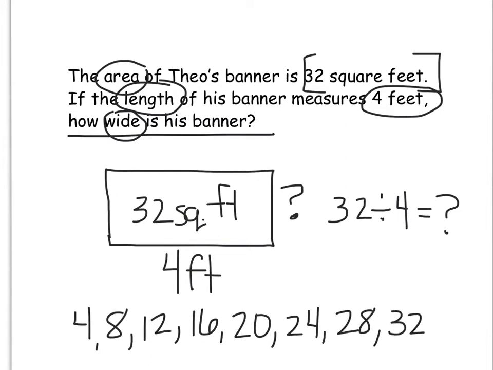And I can stop there because I skip counted up to 32. 1, 2, 3, 4, 5, 6, 7, 8. So I know that 32 divided by 4 is 8. So the missing side length here is 8 feet.